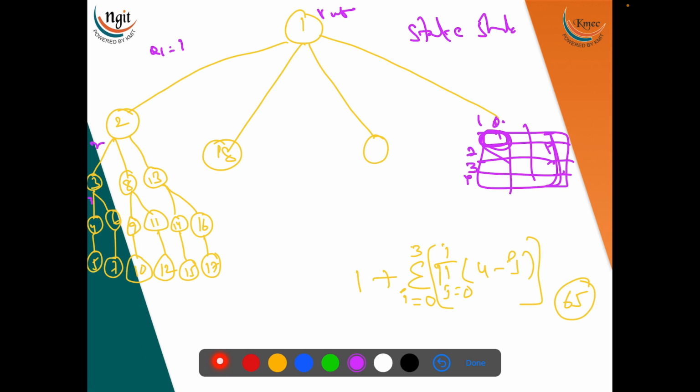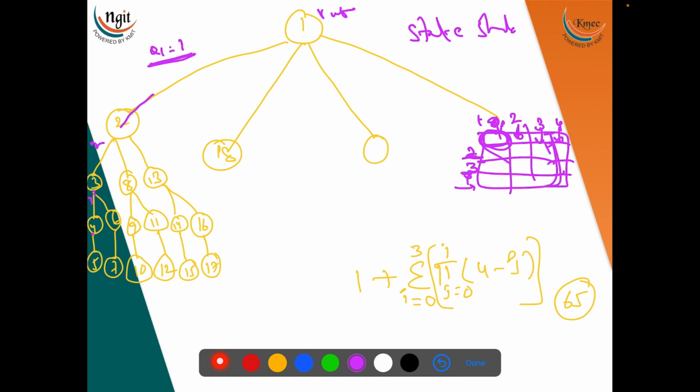If you place Q1 here, your Q2 can be in the second column, Q3 can be in the third column, Q4 can be in the fourth column. If I place Q1 in the first column, my Q2 is in the second column, my Q3 is in the third column, and Q4 is in the fourth column.